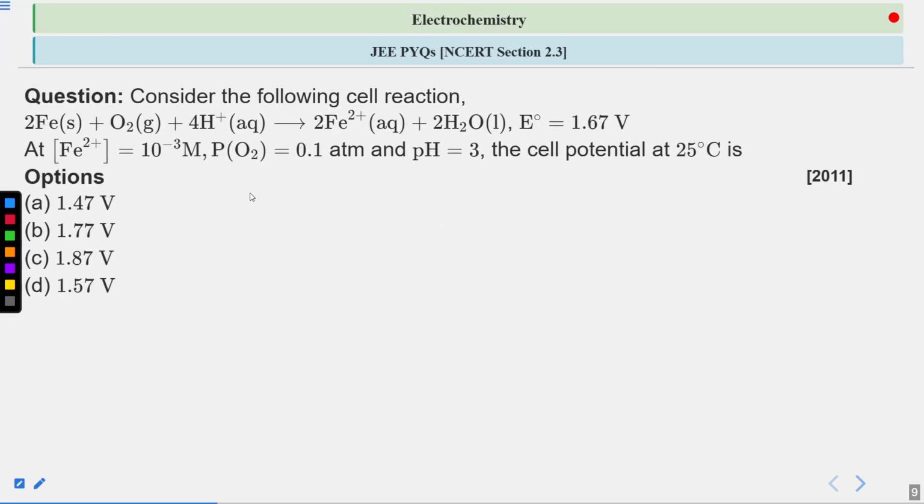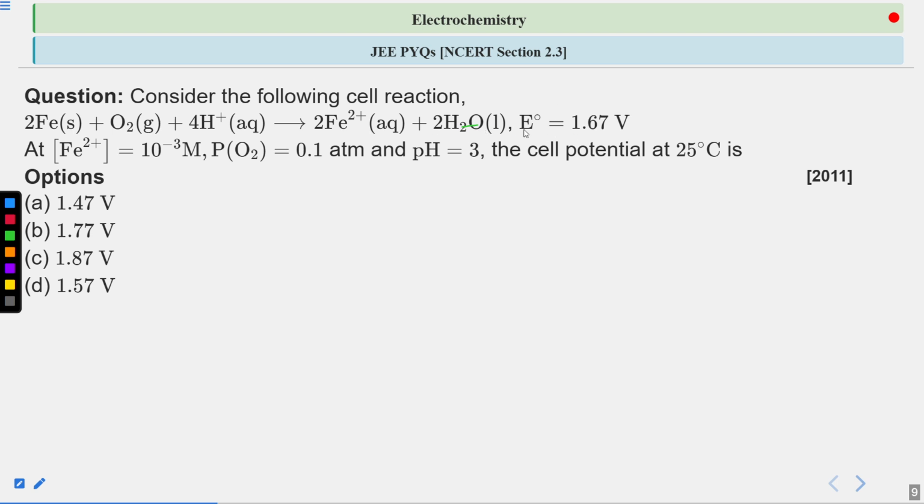Okay, moving on to our next question. This question is a JEE PYQ, and this is covering the NCERT section 2.3 in the chapter Electrochemistry. The question says to consider the following cell reaction: 2Fe plus O2 plus 4H positive converting to 2Fe2 positive plus 2 molecules of water.